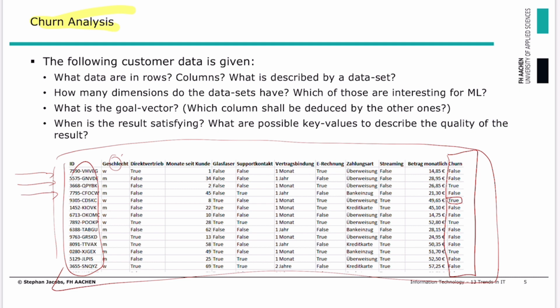But all the others, so 1, 2, 3, 4, 5, 6, 7, 8, 9, 10, these 10 dimensions form a 10-dimensional room. Each of these customers is one certain point in this 10-dimensional room, and now you try to find patterns in this room which describe who is going to churn, who is not going to churn.